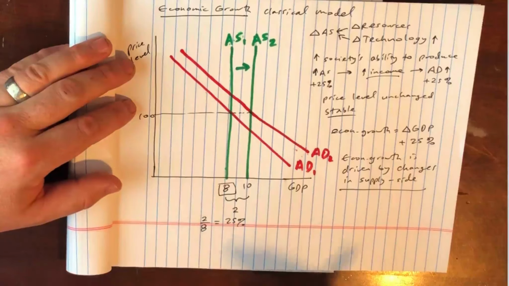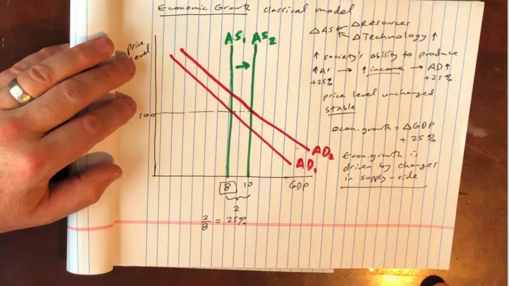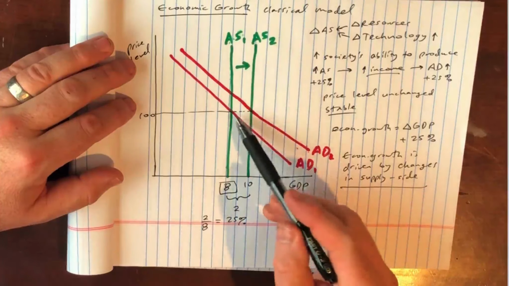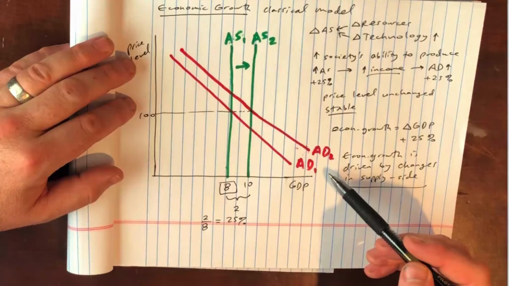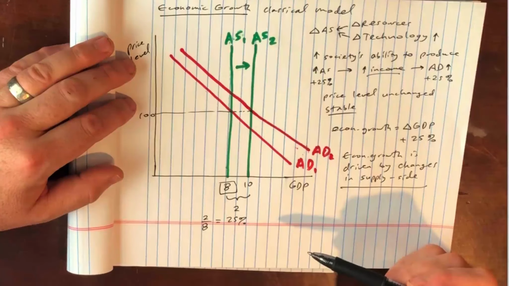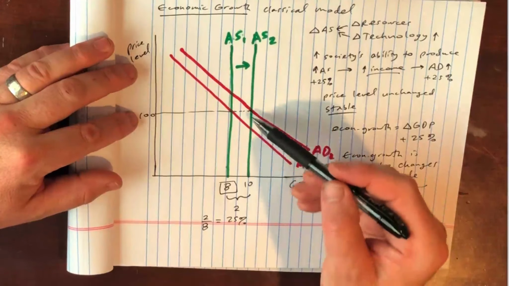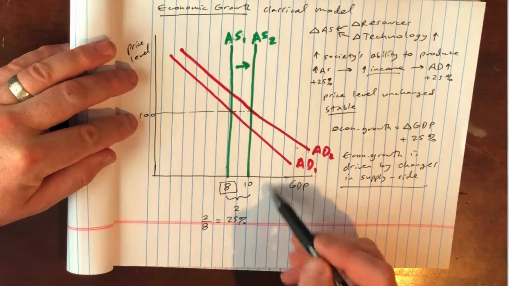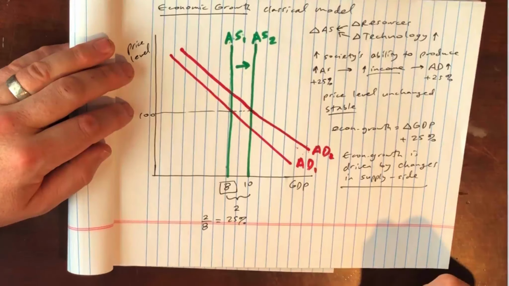And so sometimes this is called supply side economics because it's all about aggregate supply. Aggregate supply is primary. What happens later with aggregate demand is secondary. If aggregate demand did not shift, we would simply have a lower price level, but the main thing is we would have a greater amount of social wealth. That's what matters in the classical model.